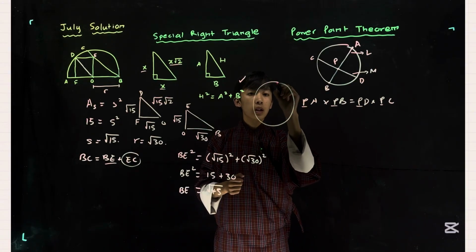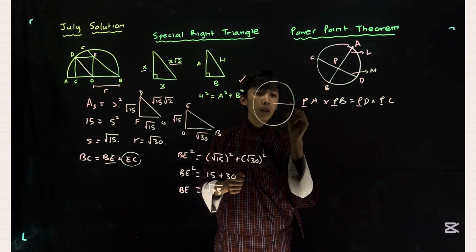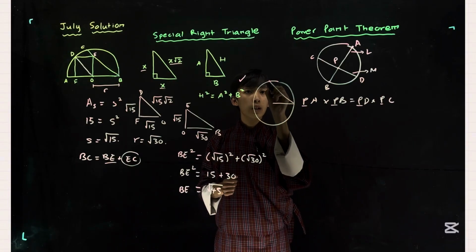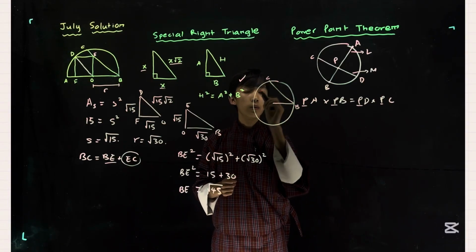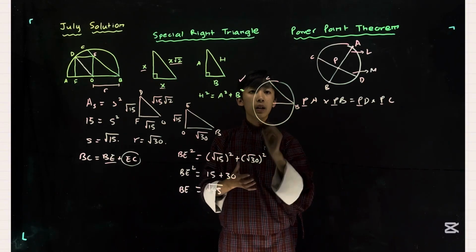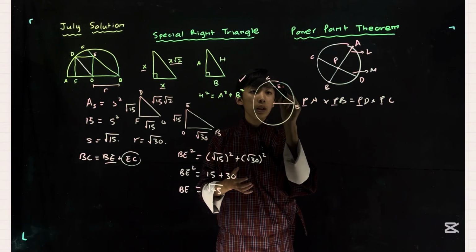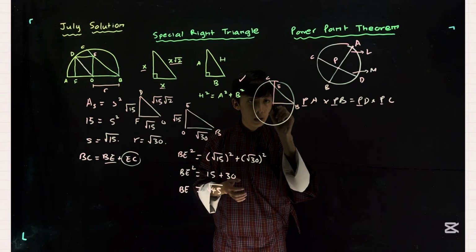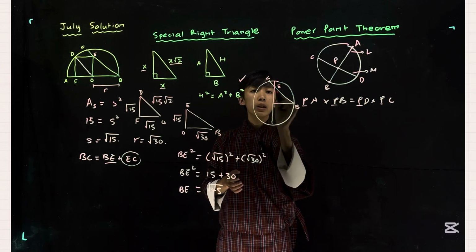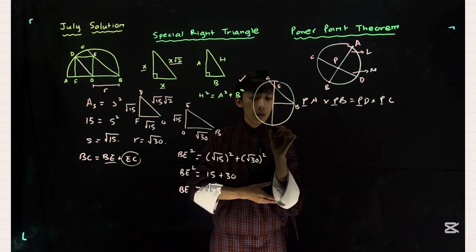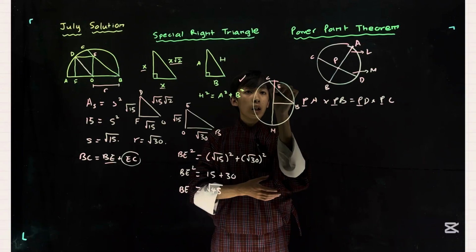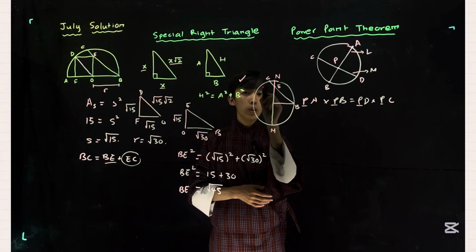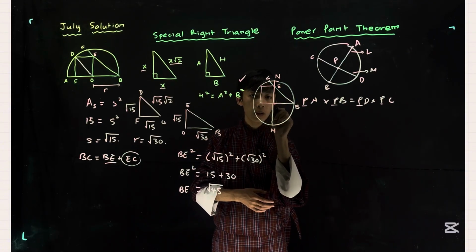So if we do a simple sketch, we already have the line B to C over here. So we need to find another line. And here we have the point E. So we can draw this line over here because it also passes through the common point E. So let's call this point M and let's call this point N. Now we know that we have a square over here.